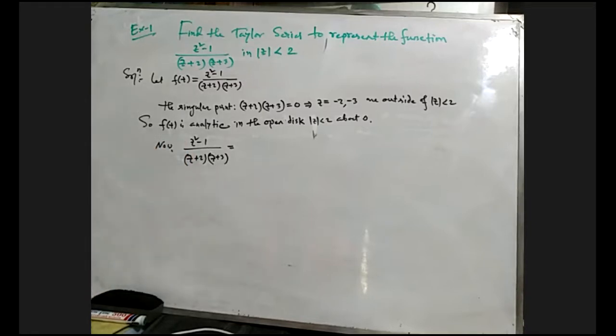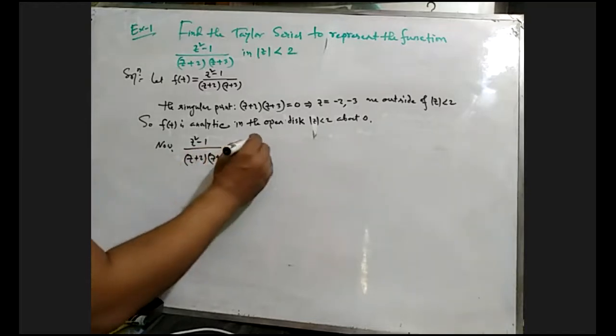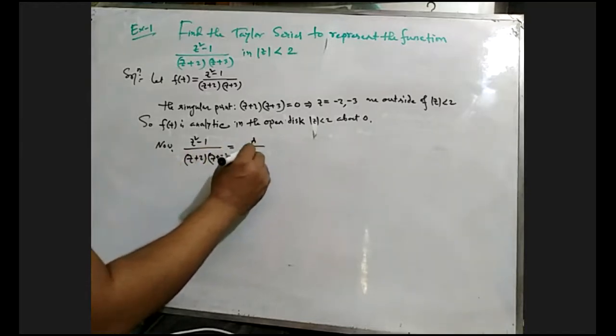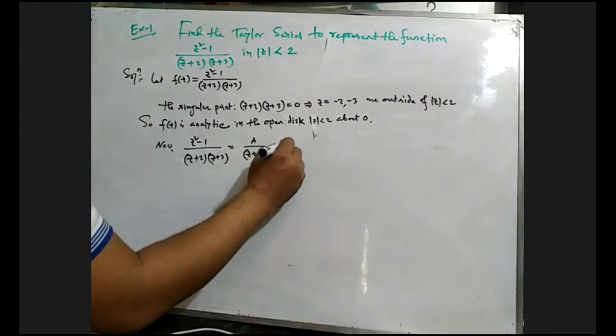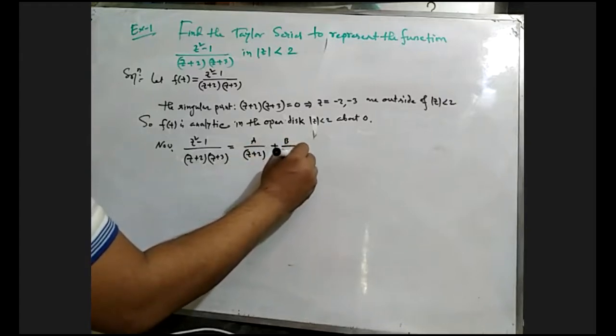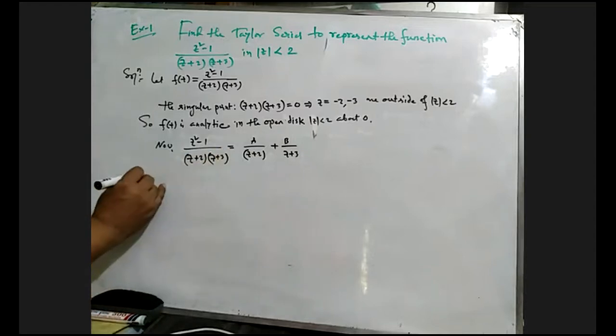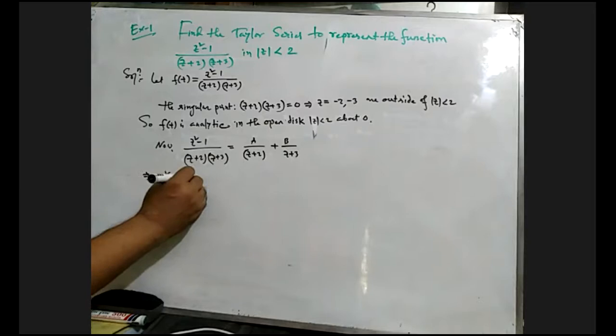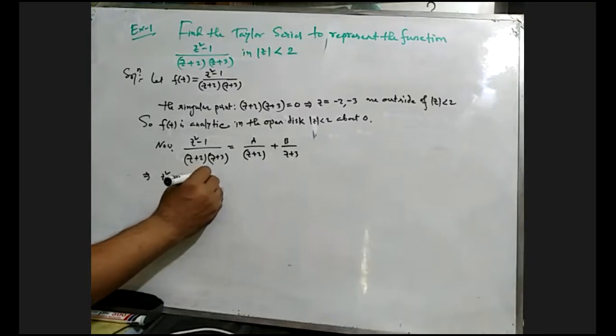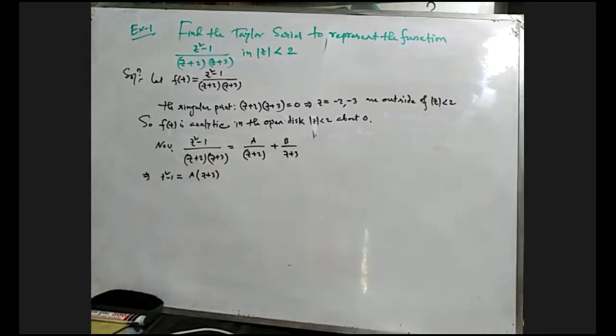Here we can write this as a divided by (z plus 2) plus b divided by (z plus 3). So this can be written as z squared minus 1 equals a into (z plus 3).